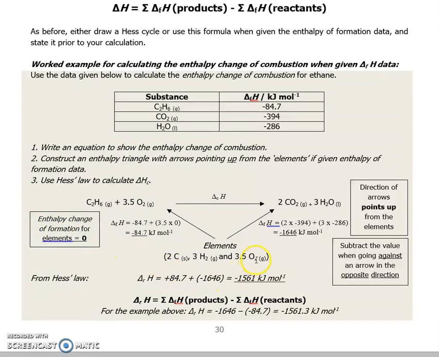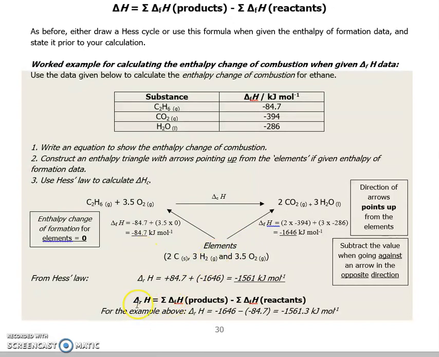It's logical, because we're looking for enthalpy change, and if you're making 1 mole of a substance from its constituent elements, well, oxygen is already provided as oxygen, so there is no change occurring, and so there's no enthalpy change occurring. So we need to factor that in when we're doing our calculation.